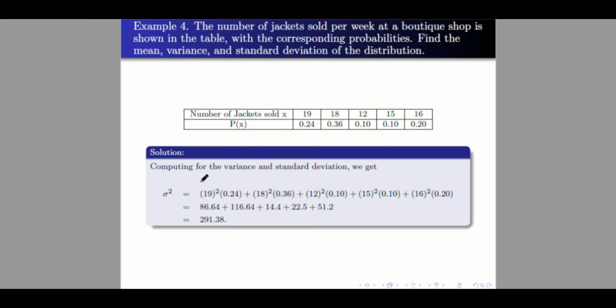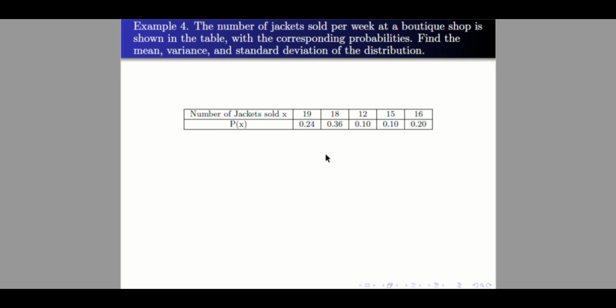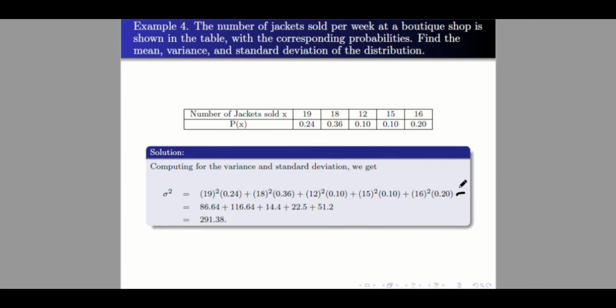Okay, so we have this. And take note, what is lacking? Minus 16.94 square. So what is 16.94 square?